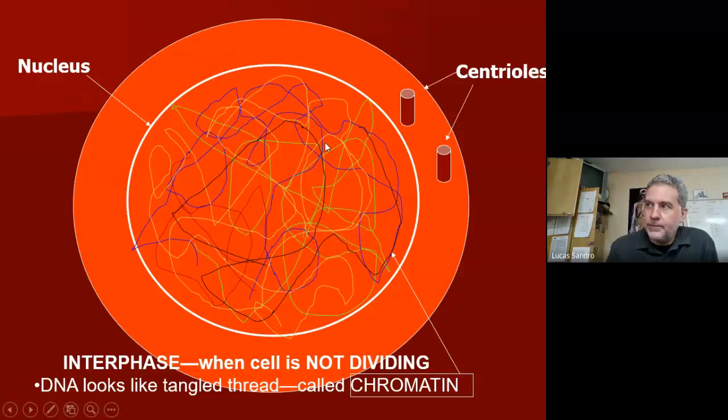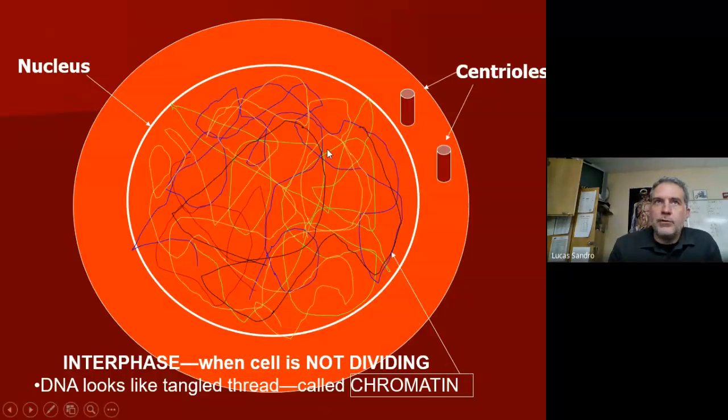That's the chromatin. It's unfurled and doing all the stuff that DNA is supposed to do. We have a distinct nuclear envelope, and then we have the outside cell membrane. And one of the other things that we kind of skipped over when we talked about cell parts are centrioles. These little cylinder-shaped things here are going to become really important as mitosis gets started.